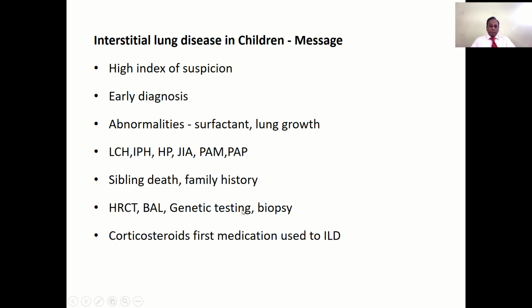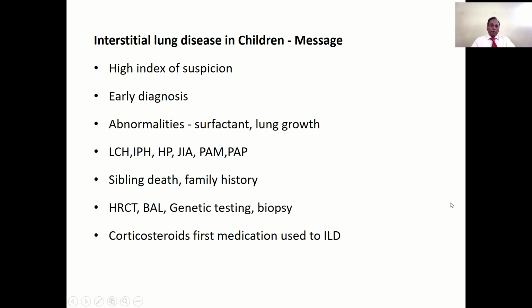And again, the typical history is very important because some of the conditions even go as a dominant. So sibling death may have happened in the family, that is very, very important. And in the newborn period, genetic testing plays a very important role in the diagnosis. But overall, you make a diagnosis of ILD with HRCT, and lung biopsy only in selective situations.